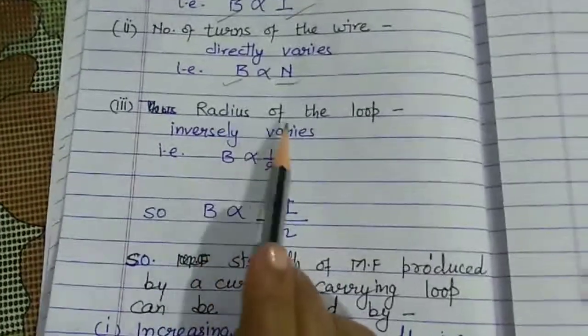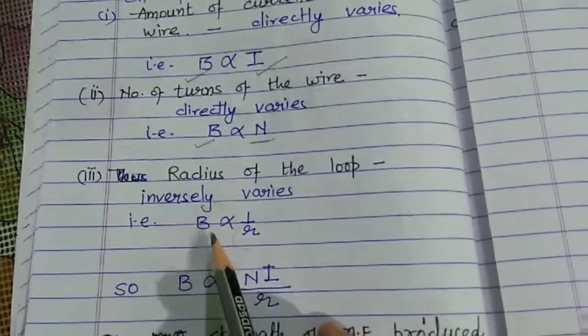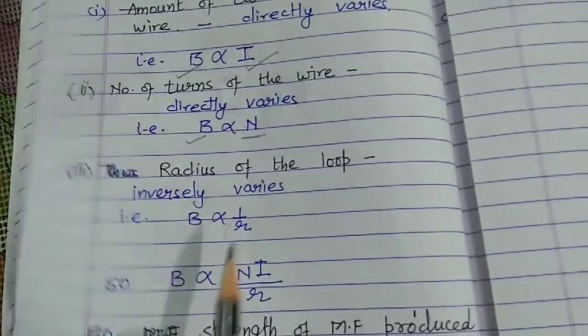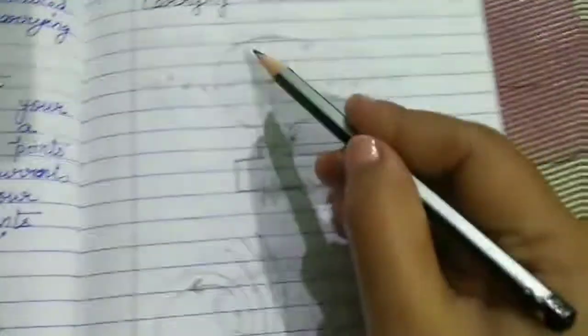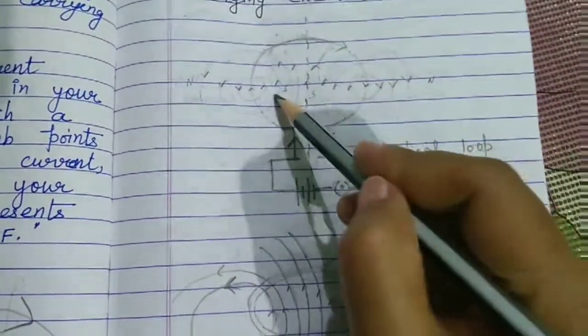And the third is the radius of the loop. The smaller the radius of the loop, the stronger will be the magnetic field inside the loop. Obviously, because the magnetic field inside the loop is due to the magnetic field lines. For example, let me draw this.